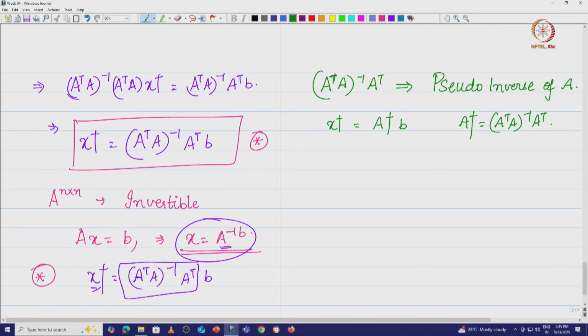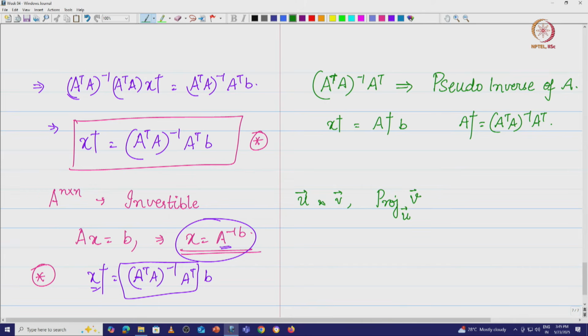Now, it may look like a complicated expression, because you have x is equal to A transpose A the whole inverse into A transpose B. But what is interesting is that after all, what we wanted to do is find the projection of the vector onto the column space of A. Suppose I have two vectors, u and v.